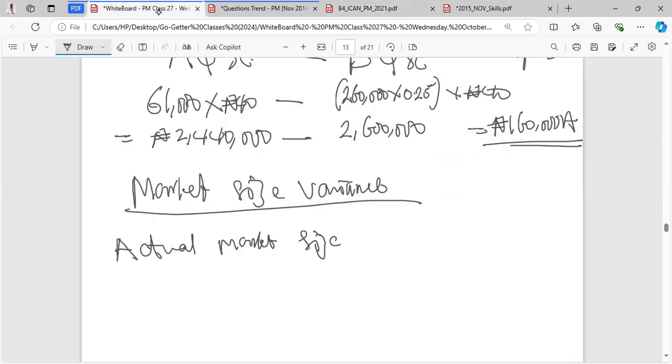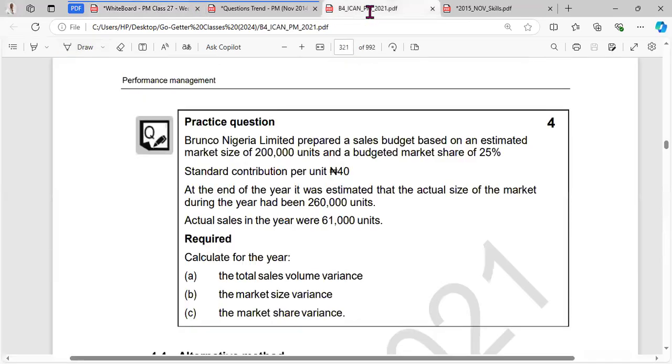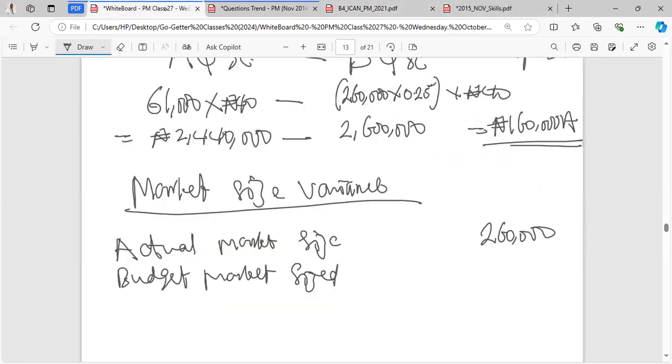So that is 260,000. Budget market size was 200.